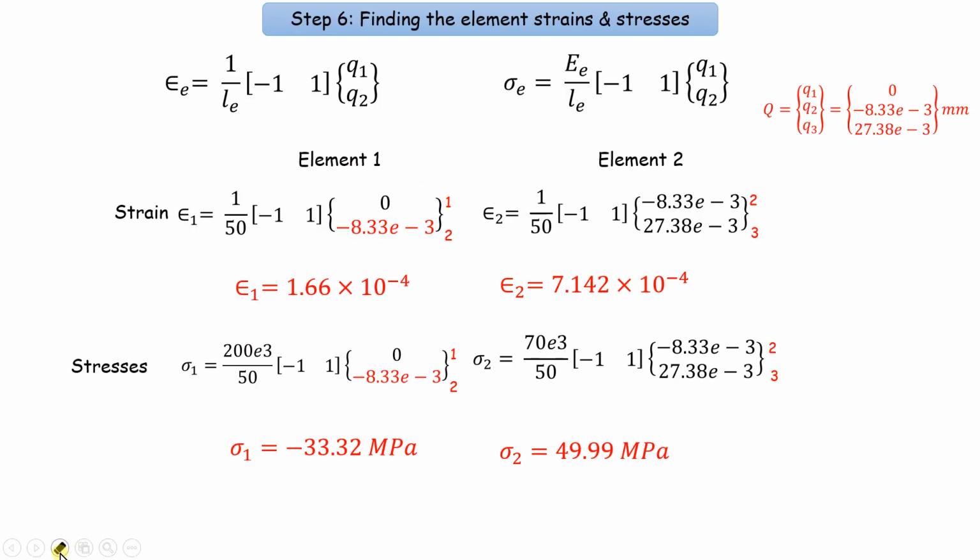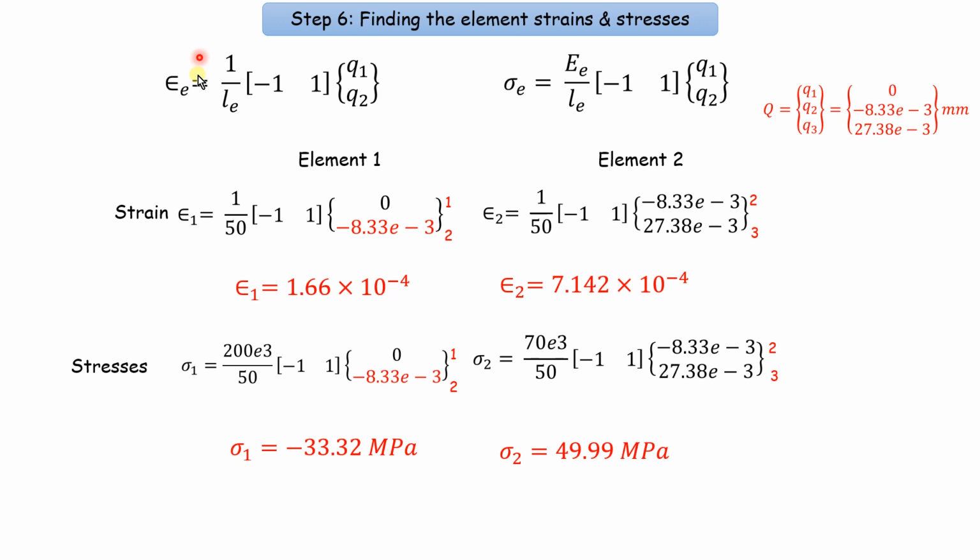In the previous class we derived the element strain matrix and stress matrix. This is your element strain matrix, given by epsilon for the element equal to 1 upon Le times minus 1 1.